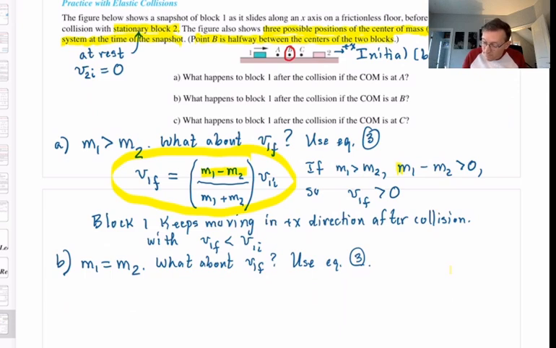Did you say V1 final equals 0? Bing! Right? Because in that formula, if m1 and m2 are equal, look what you have in the numerator of that fraction, m1 minus m2, 0. Block 1 stops as a result of the collision. Yes? Block 1 is at rest after the collision.